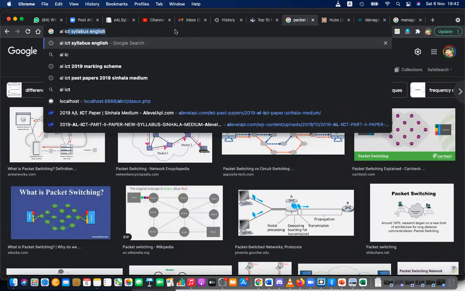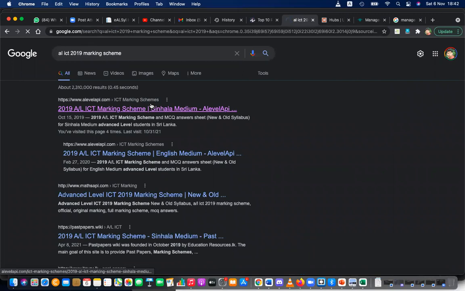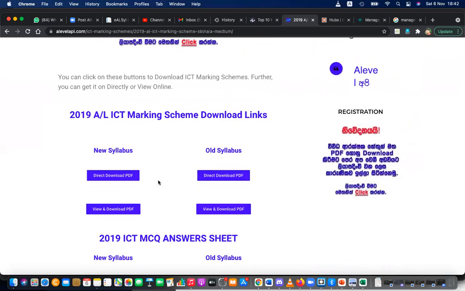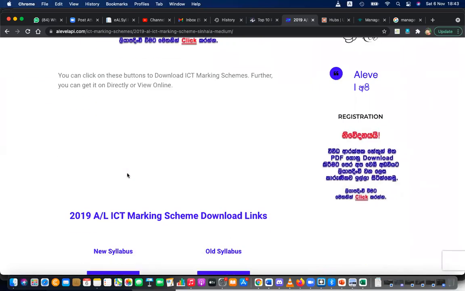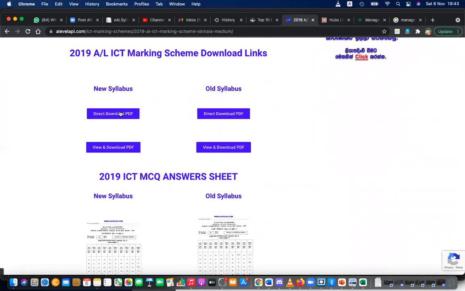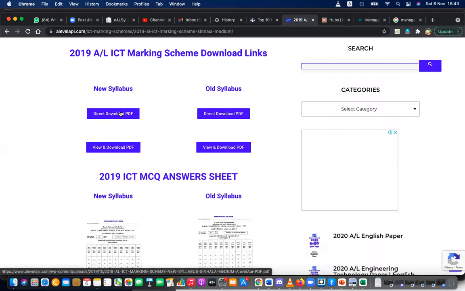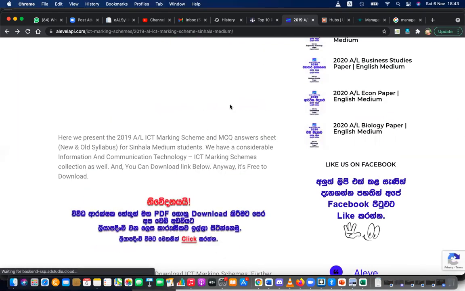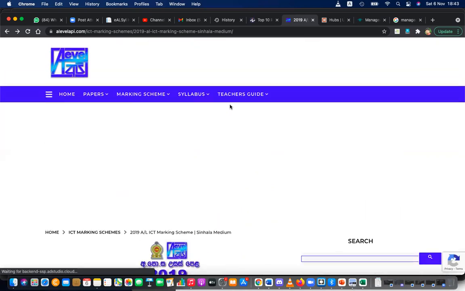A level ICT 2019 marking scheme. Let's go and check that. According to the marking, this is single medium, but that doesn't matter, right? Is it single medium? It's single medium.